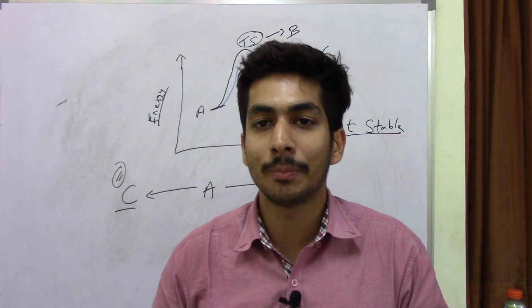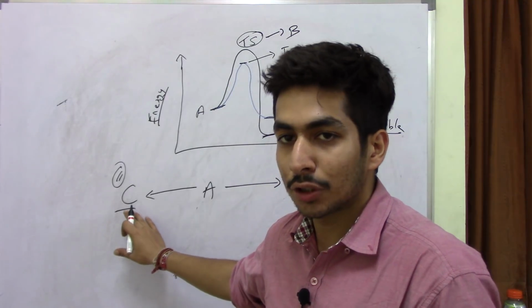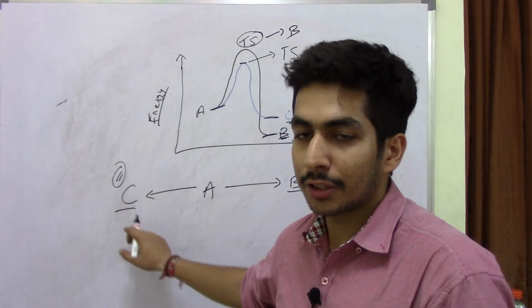This is what I mean by kinetic control, that even though C is less stable, it is of higher energy than B, yet it is formed as a major product.